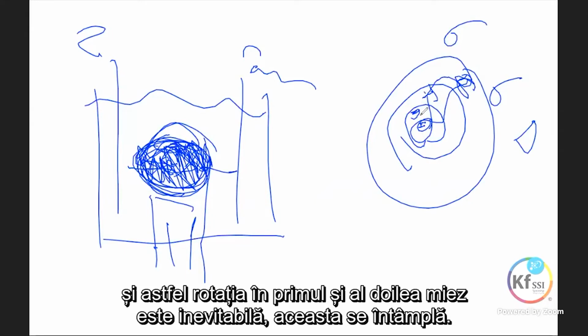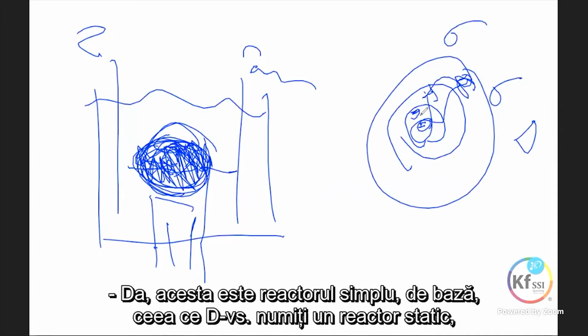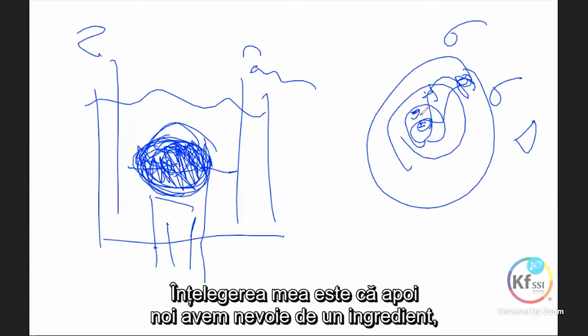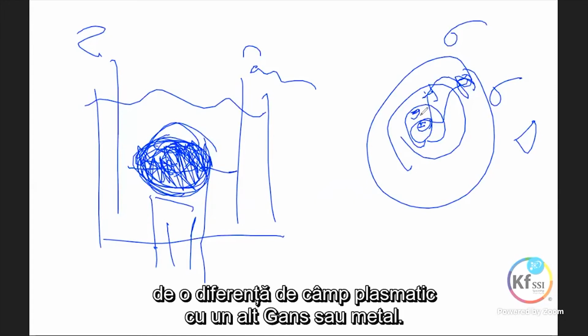It'll happen. Yes, it's this basic simple reactor, this what we would call a static reactor, because it's created a field of 6. It already has all the ingredients that we use later on. My understanding is that we then need a gradient, a plasmatic field difference with another GaNs or metal.